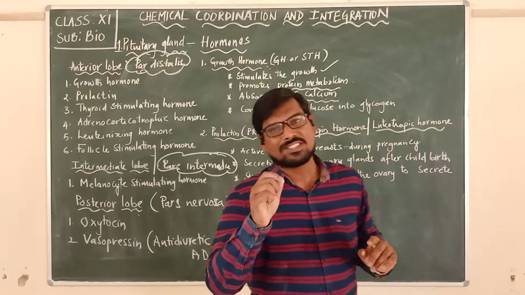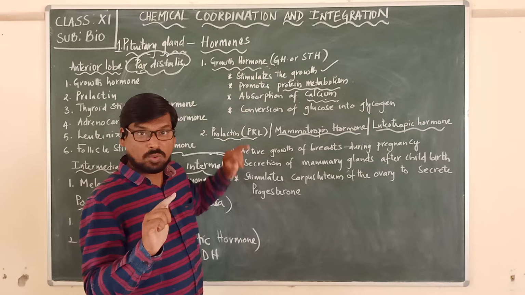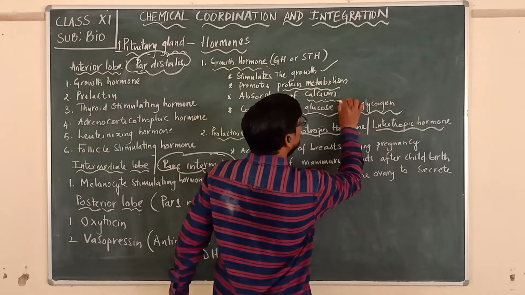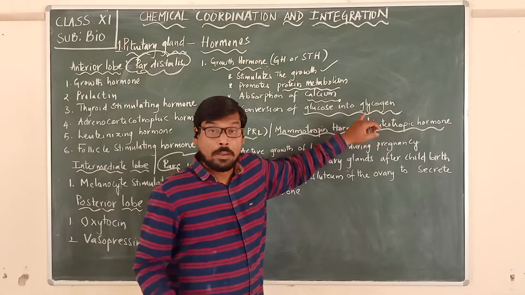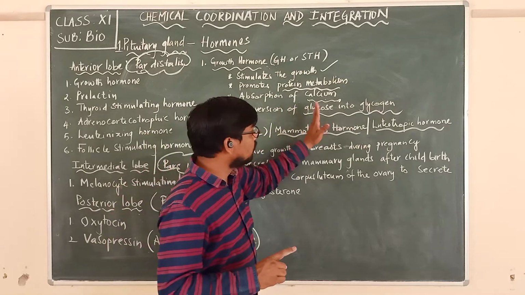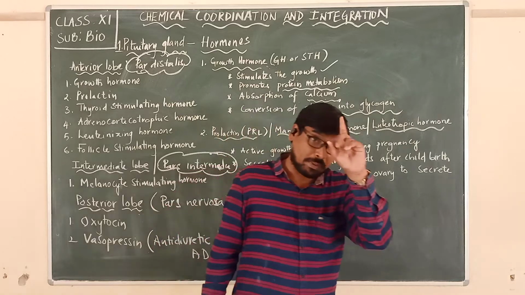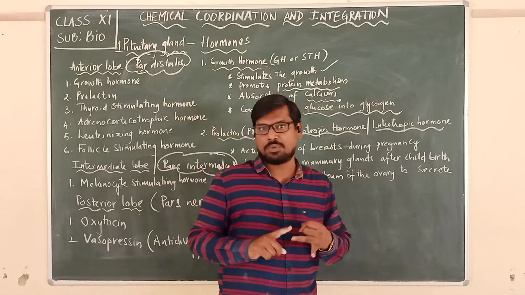And moreover, please remember that growth hormone is also involved in conversion of glucose into glycogen. I am stressing here, remember that conversion of glucose into glycogen is done by two hormones produced by the pancreas, insulin and glucagon, that we are going to study.